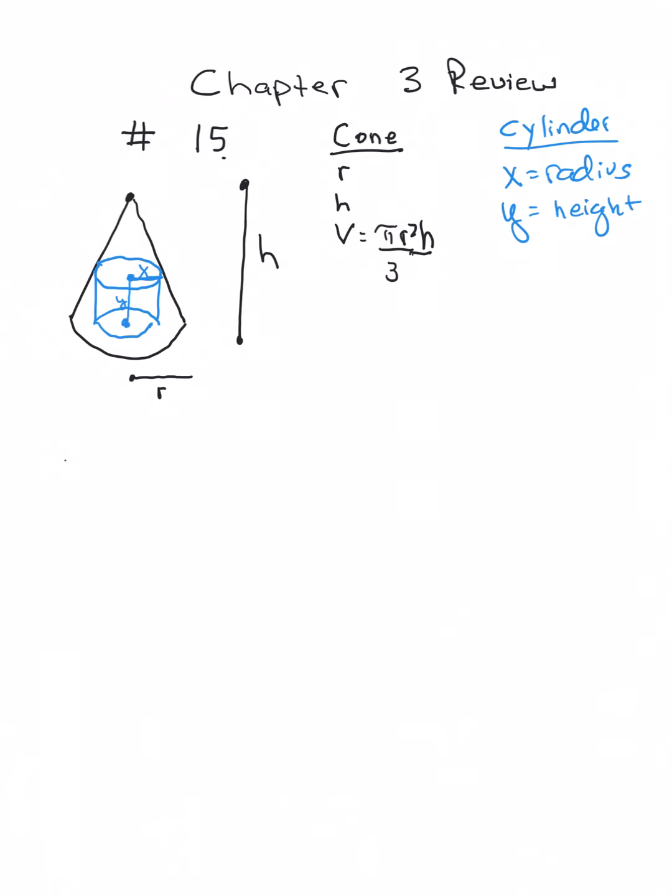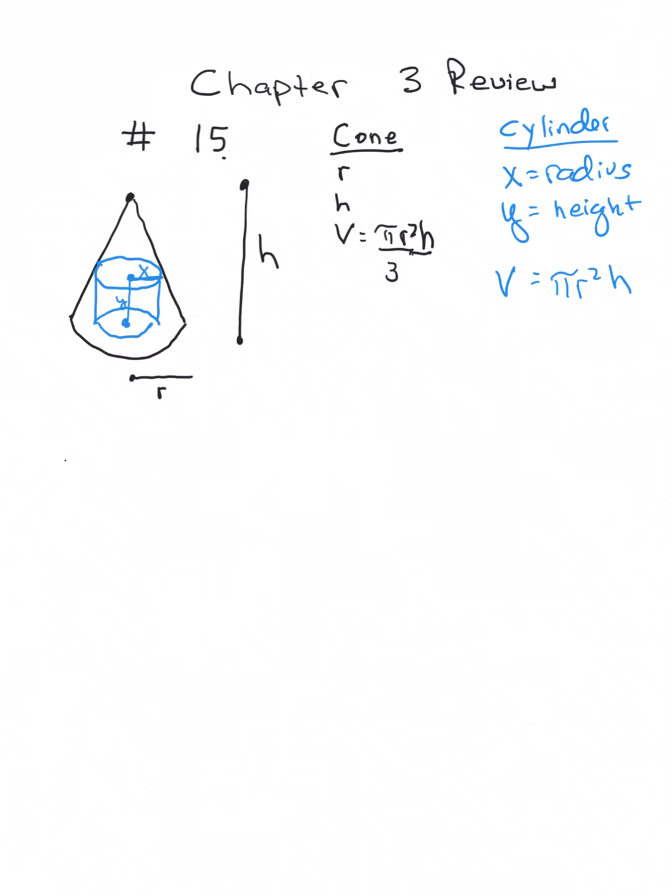and if we recall our formula for a cylinder's volume, we have the area of the base times the height. Now we are looking for the largest possible volume of our cylinder.